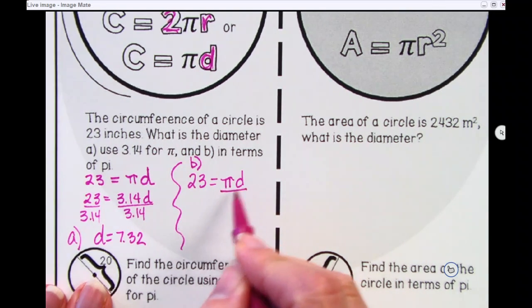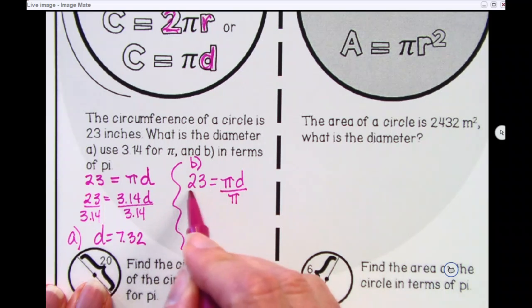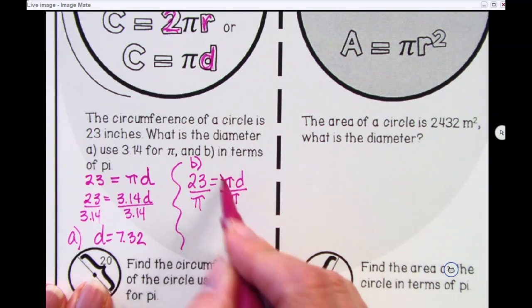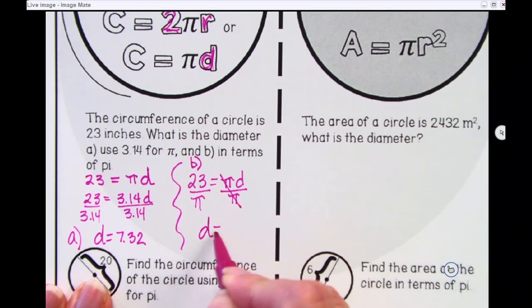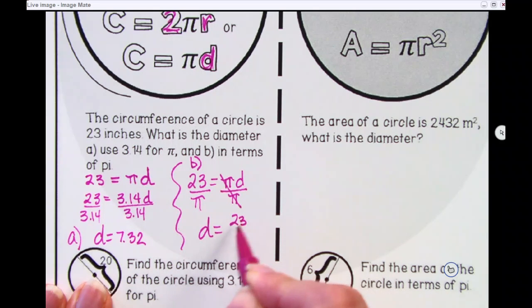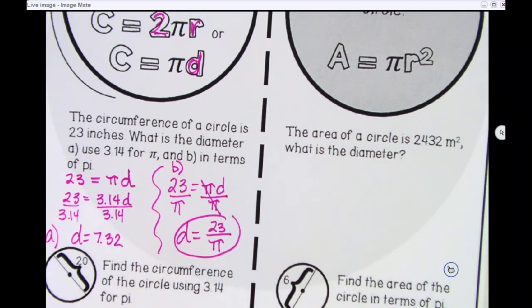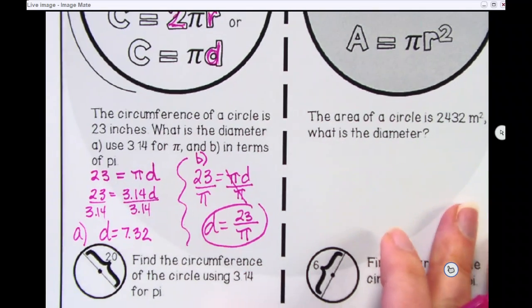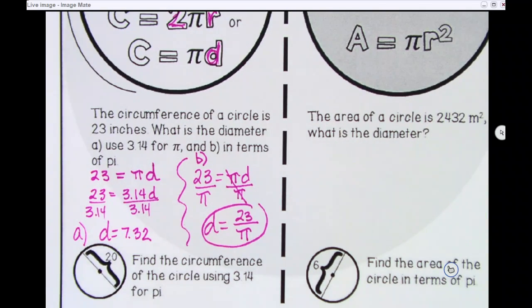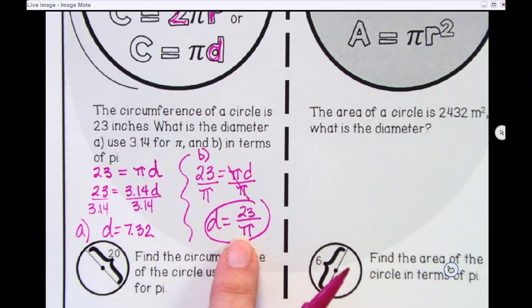So I am going to divide both sides by pi, and it looks really weird and we don't like it, but that is the answer in terms of pi. Does that drive you crazy? Do you want to type it in your calculator and get a decimal? I kind of do sometimes.